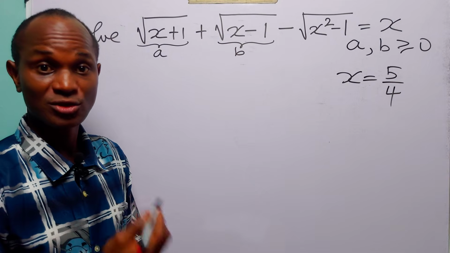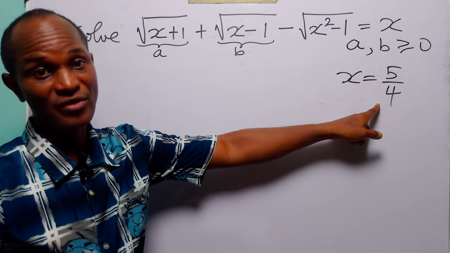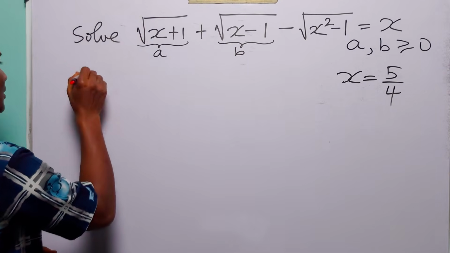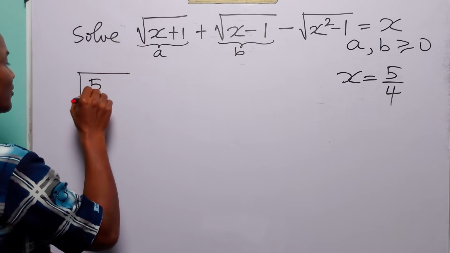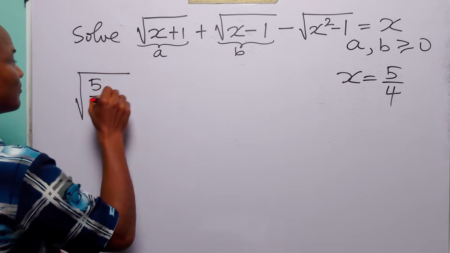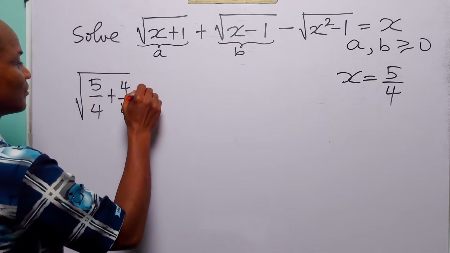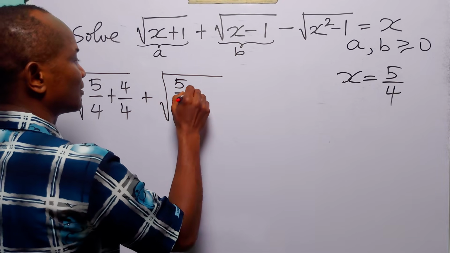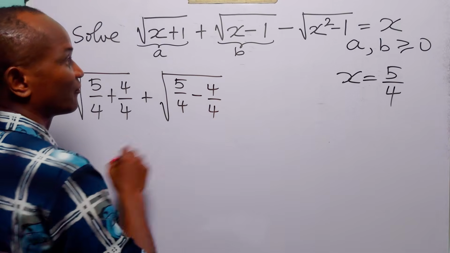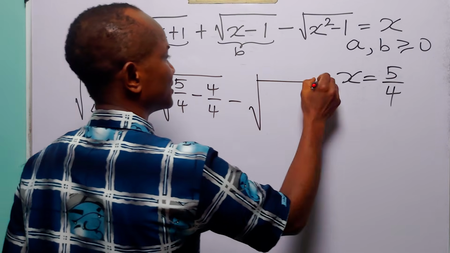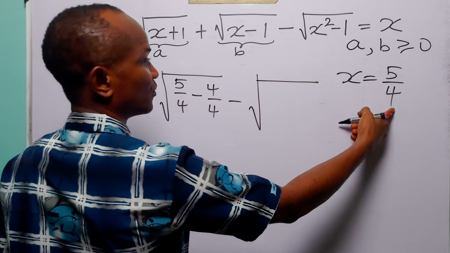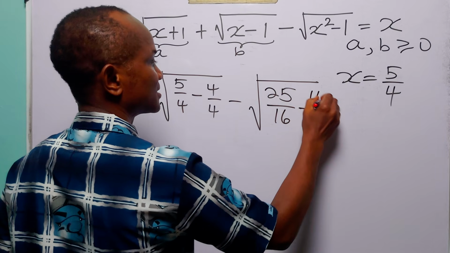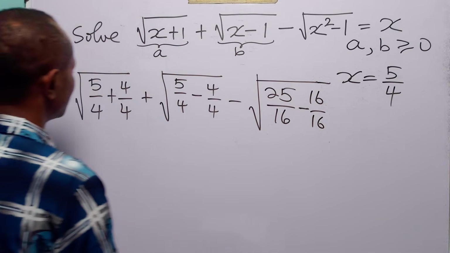And now to check our answer, let us substitute x equal to 5 over 4 into the original equation. Here we have the square root of 5 over 4 plus 4 over 4, plus the square root of 5 over 4 minus 4 over 4, minus the square root of x squared, which will be 25 over 16 minus 16 over 16.